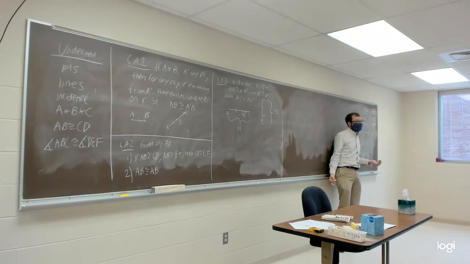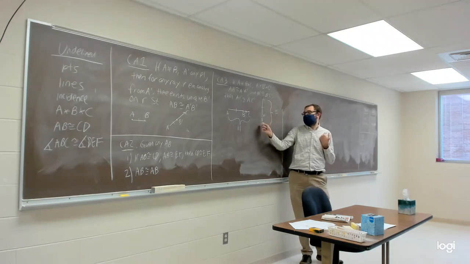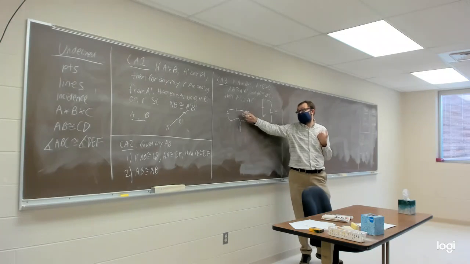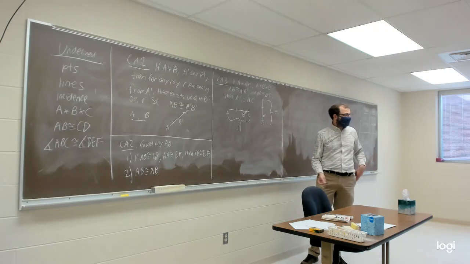So if we start with 2 segments of the same length and we tack on 2 new segments of the same length, the overall bigger segments we would get are also going to be congruent to each other.